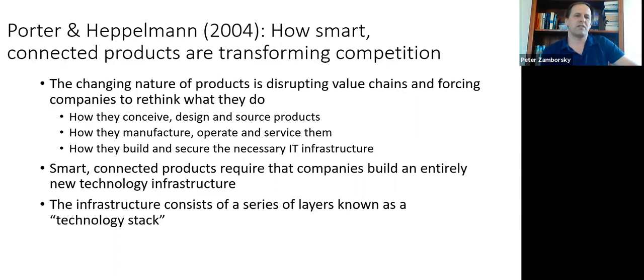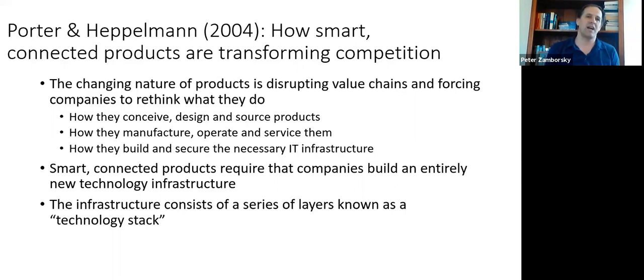You need to think more about kind of ecosystems and what they call in this article technology stacks. Say if you think about, I don't know, John Deere tractors, now these tractors are often also linked to kind of farm management systems. You're not just competing in the tractor industry, but competing in a broader, say, farm management industry.